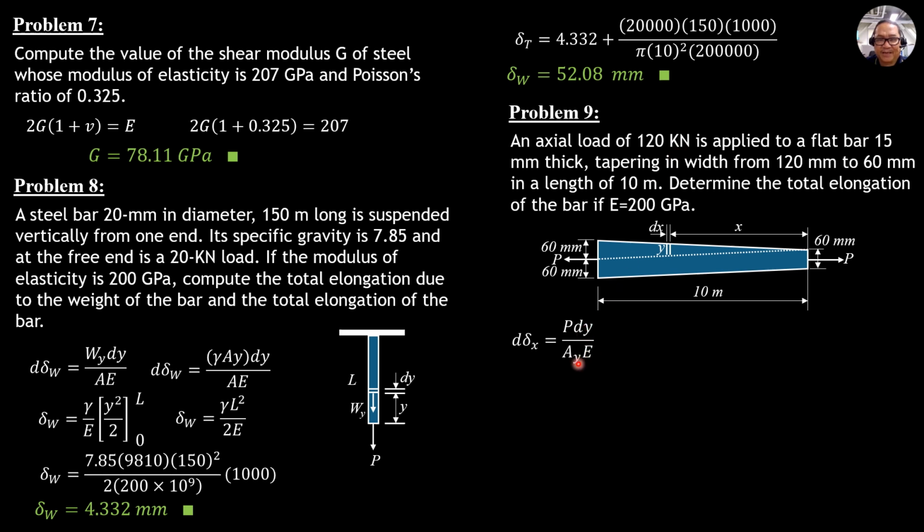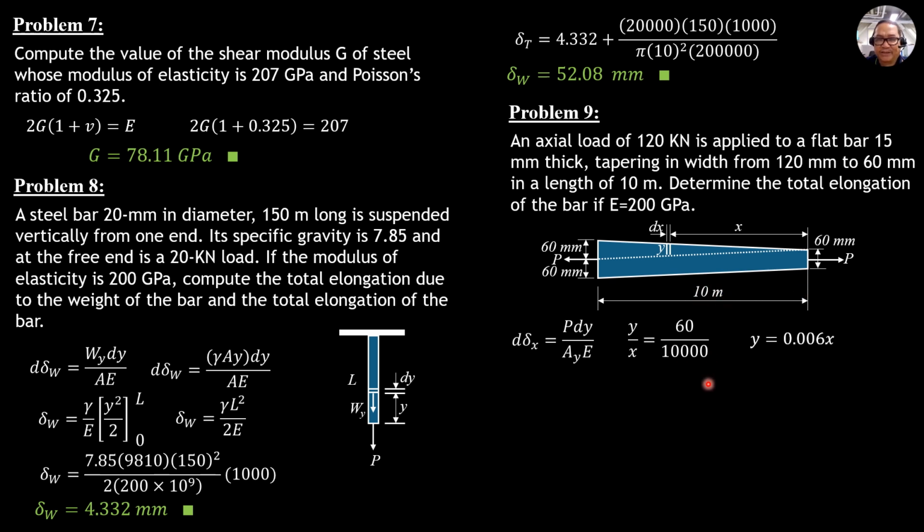That's P. Area is width perpendicular to the board, 15, times this total dimension, which is y plus 60. So y over 2x equals 60 mm over 10 meters, but 10 meters is converted to mm also to be consistent.